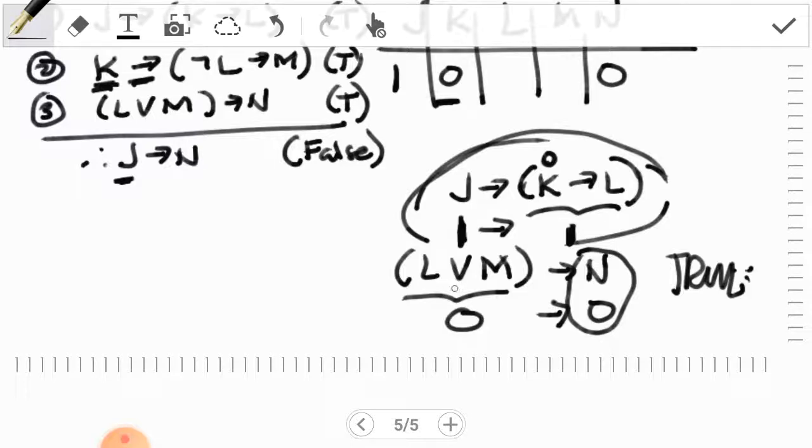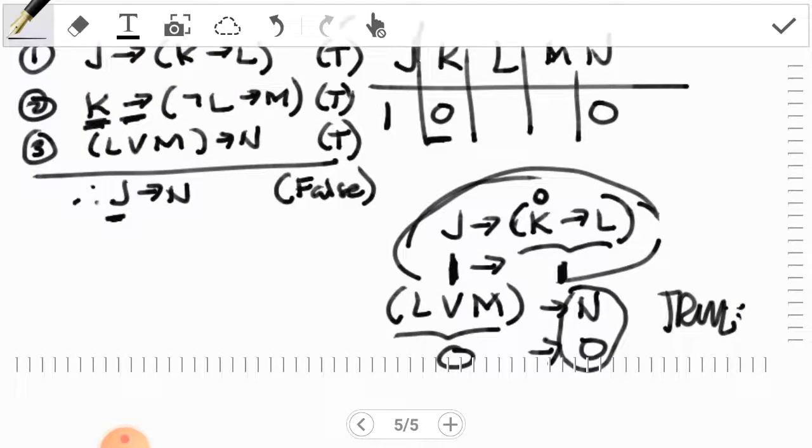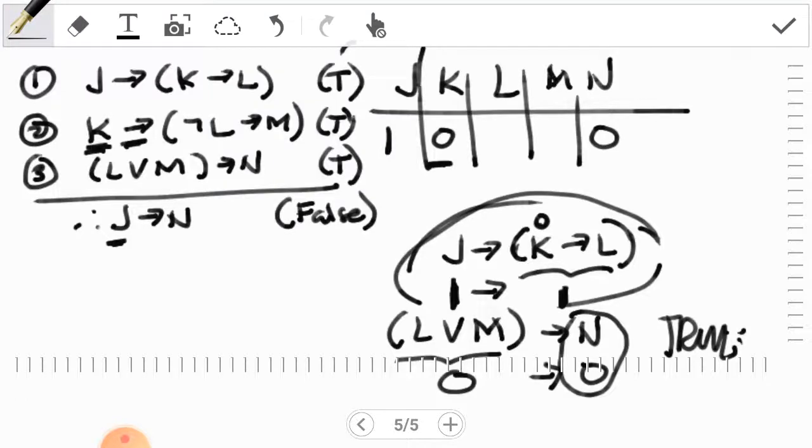Therefore, we want L or M to be false. Do we know the value of L or M? No. We don't know L, we don't know M, because based on the previous premises, we have said that we can have any value for L and M.